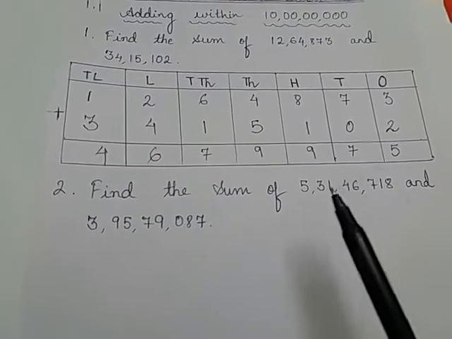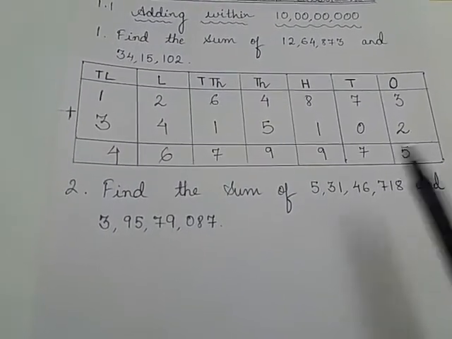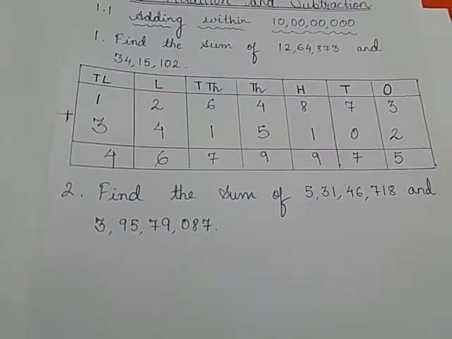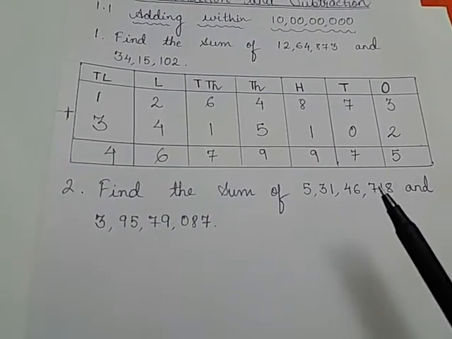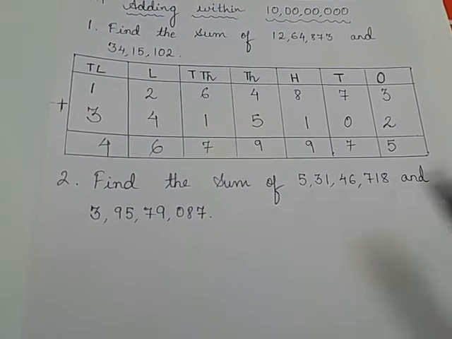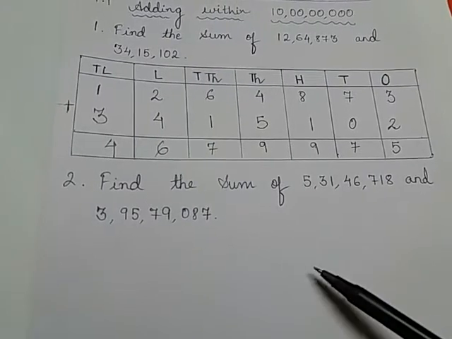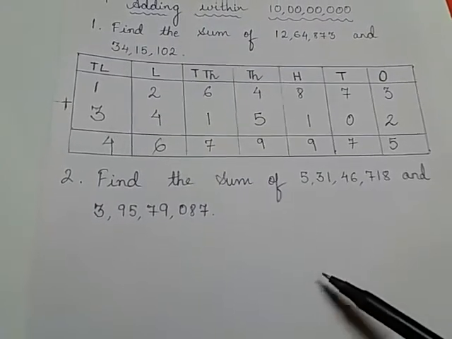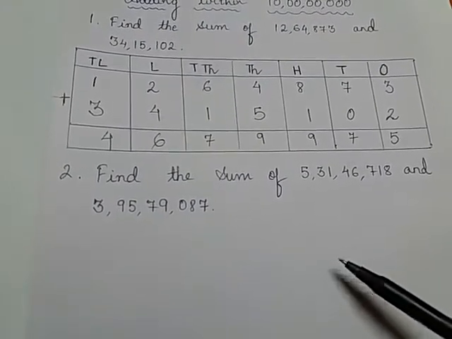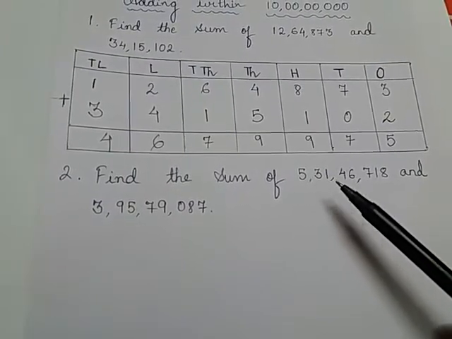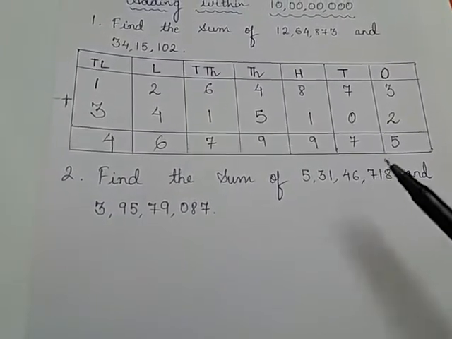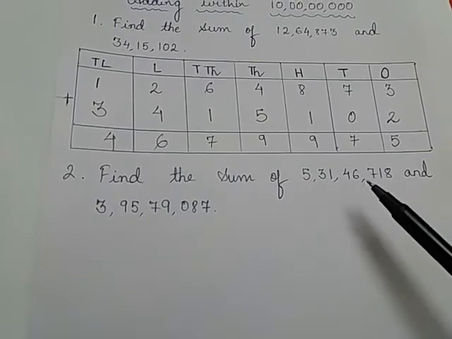Children, many of you have already done these type of questions, but one important thing that I would like to tell you, that while putting these numbers in the place value chart, we have to be very careful that whether we are putting the numbers in their appropriate place values.